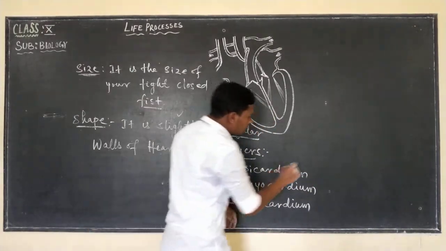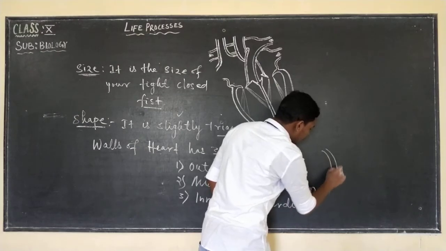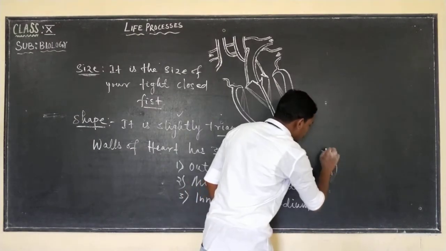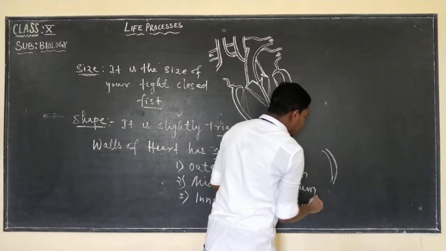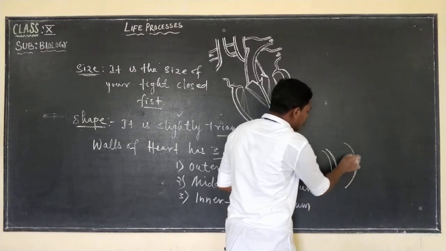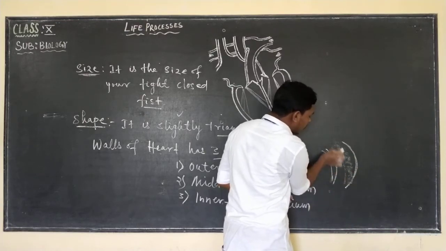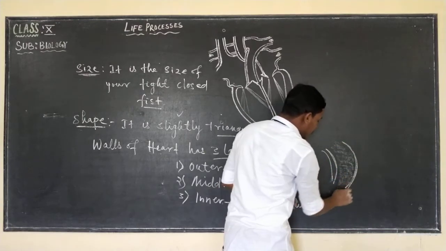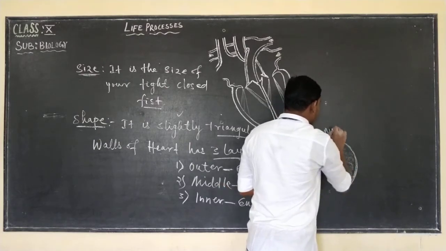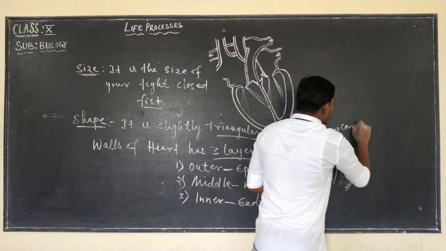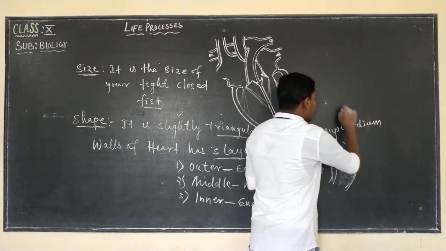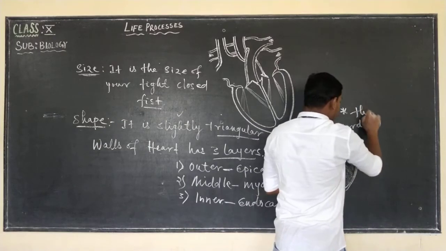For example, this inner layer is known as endocardium, and the middle layer is the thickest layer, and it is known as myocardium. Myocardium is the thickest layer, please take note of this.